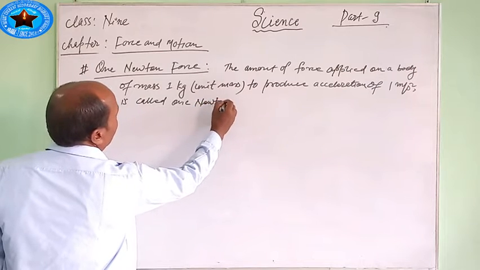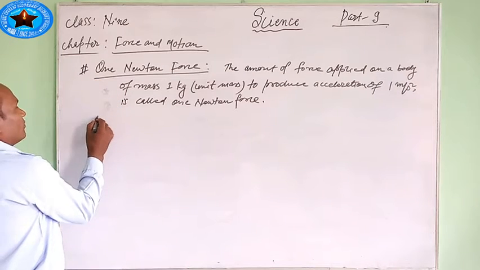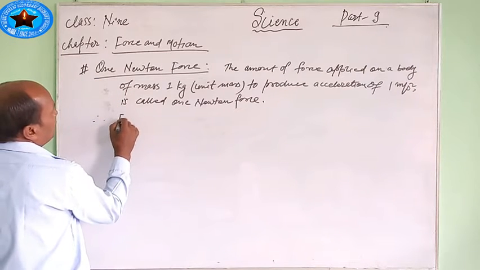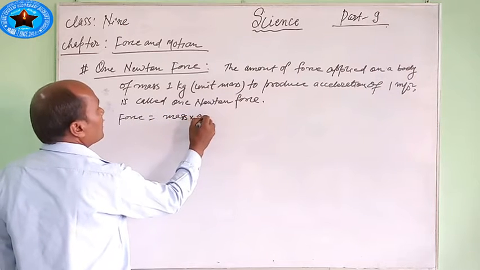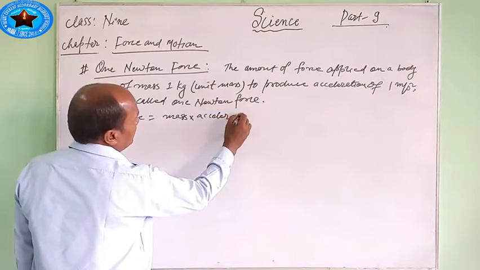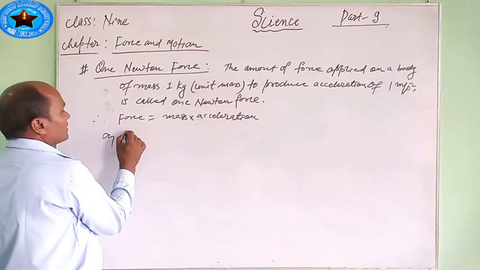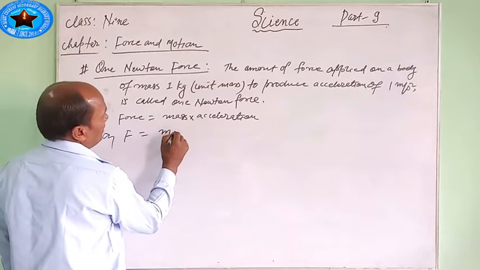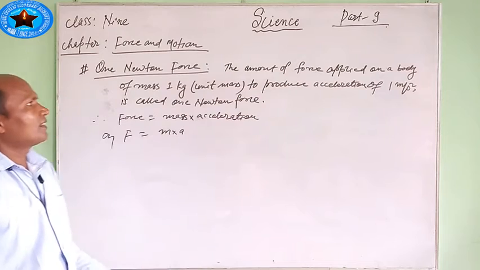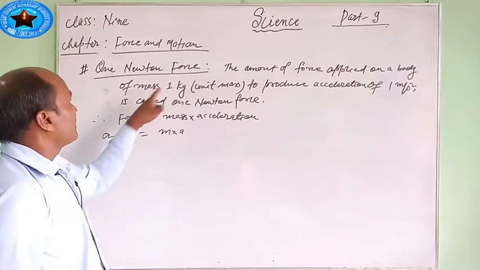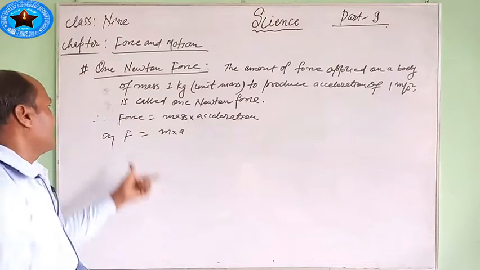1 Newton force here. We also know that force is equal to mass into acceleration, or F is equal to m into a. We know that the amount of force applied on a body of mass 1 kg to produce an acceleration of 1 meter per second squared.